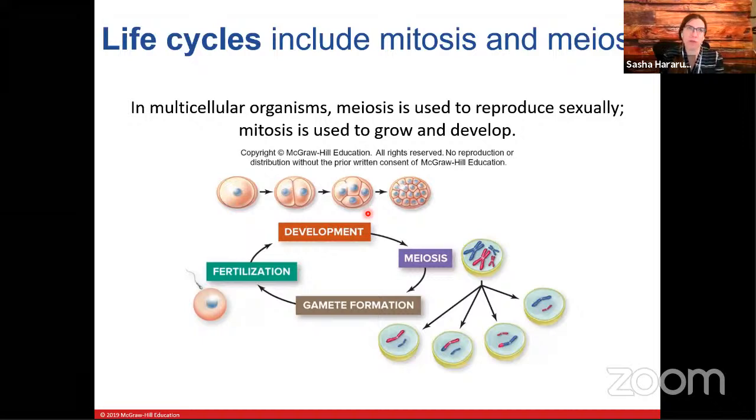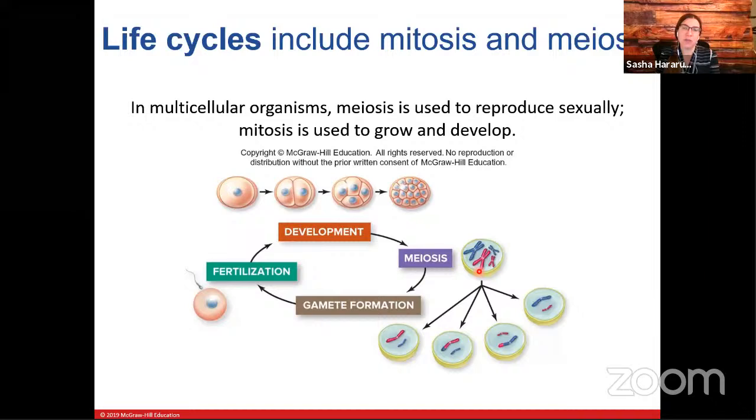Once the embryo is a human baby and the human baby grows up, another type of division is going on, apart from mitosis. Another type of division is going on in the ovaries or testes of a human being from the germ cells. Ovaries and testes contain so-called germ cells, which divide meiotically. So meiosis is going on only in the germ cells, which are located in ovaries and testes.